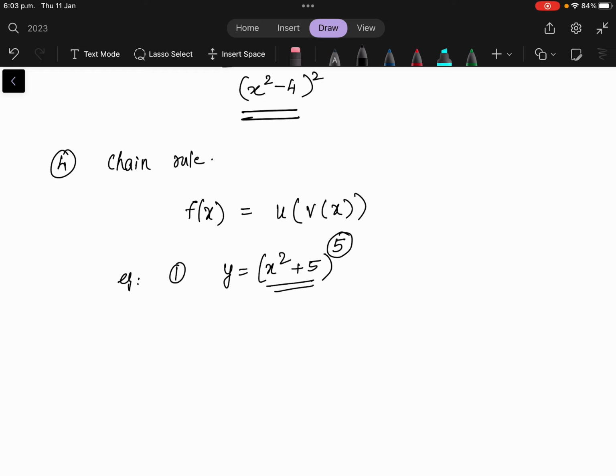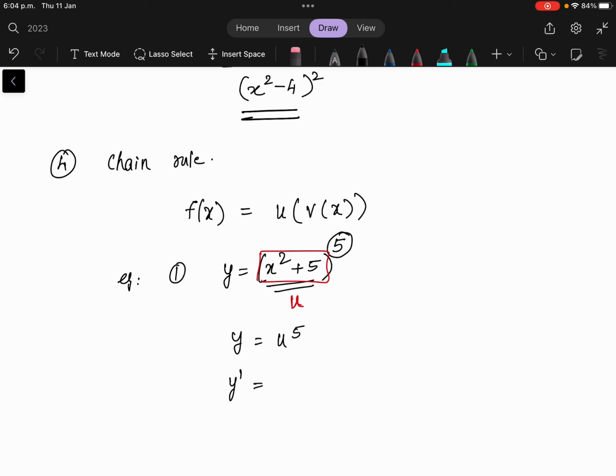So in this case, you should just imagine this whole thing as some other variable, for example u. So now this will become y is equal to u to the power of 5.